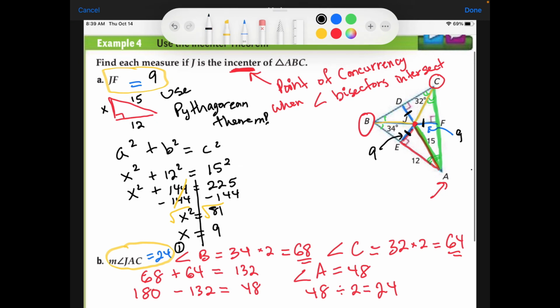Step 1 is to find the measure of B and C. Step 2 is adding them together and subtracting them from 180, because if we can subtract it from 180, we can find the measure of angle A. After finding the measure of angle A, that'd be step 3, we divide it by 2, because they don't want the whole angle A. They want half of angle A. So we then divide the answer by 2 to get our final answer.